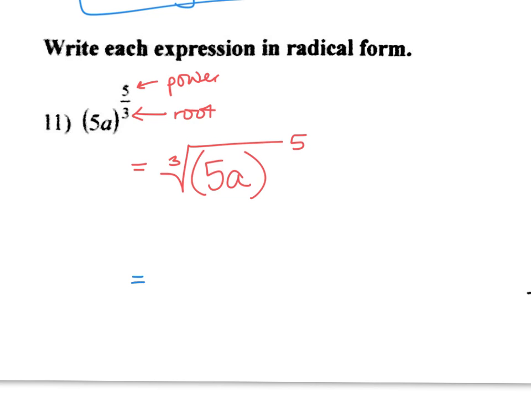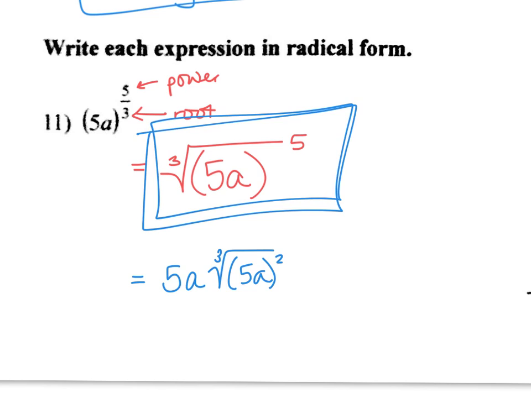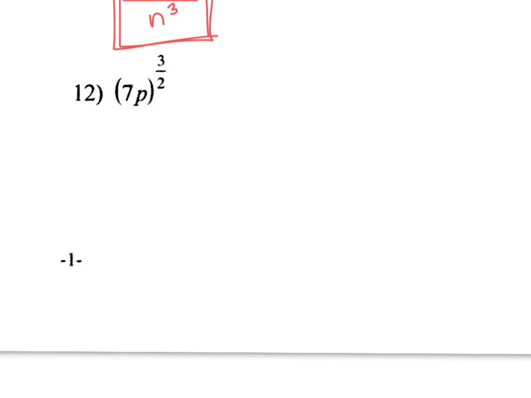If you simplified this further, which you don't have to, you should have 5a cube root 5a squared, or 25a squared on the inside. This is not necessary. That's the final answer that you need. Again, this question, the bottom is the root, so that means I've got square root 7p.